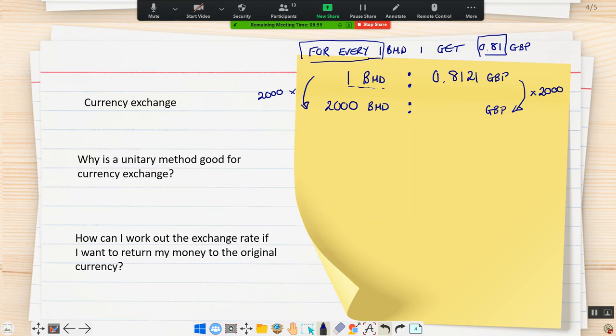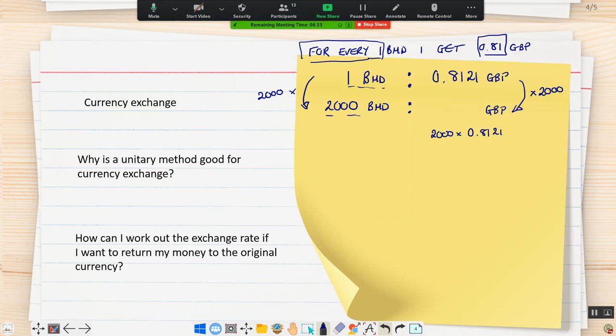And how many dollars do I get? 2,000. So for every one of those, I must get that. So if I've got 2,000 of them, I must have 2,000 lots of 0.8121 pounds. So that's what we did. We multiplied by 2,000.